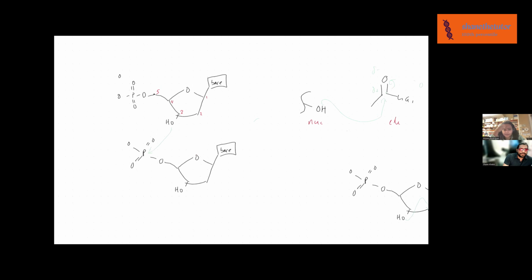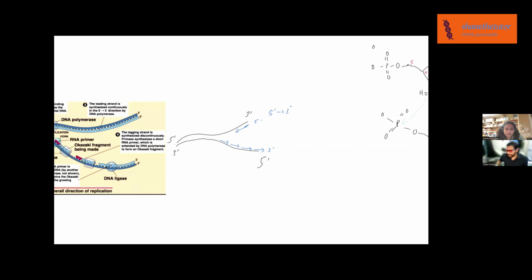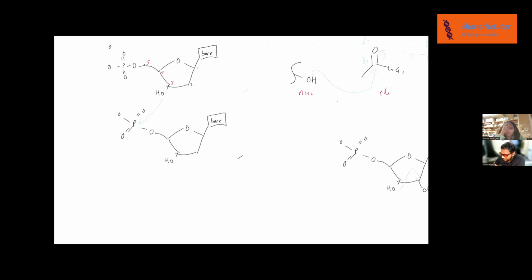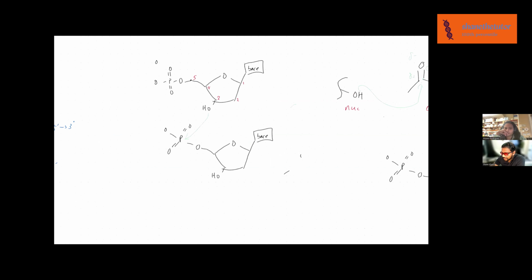So you can see that the 5 end has the phosphate and the 3 end has the hydroxyl. And since you need that 3 end hydroxyl to cause the DNA to polymerize, that's why you need it to go in that 5 to 3 direction.